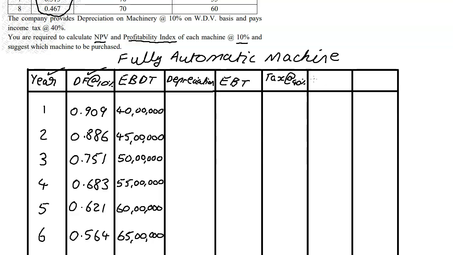And once we're doing that, we get ourselves EAT, earnings after tax, or NPAT. Once we have that, we can add back the depreciation from here. So we are simply adding these two to get ourselves cash flow.